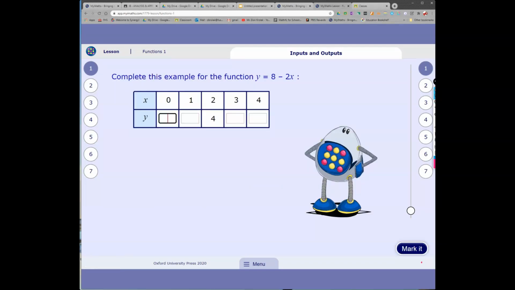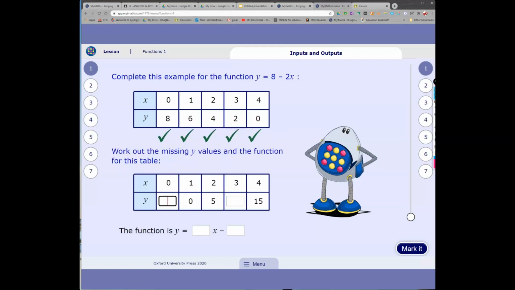All right, complete this example. So I'm going to pause it. The missing y values. Y is the output and the function for this table.